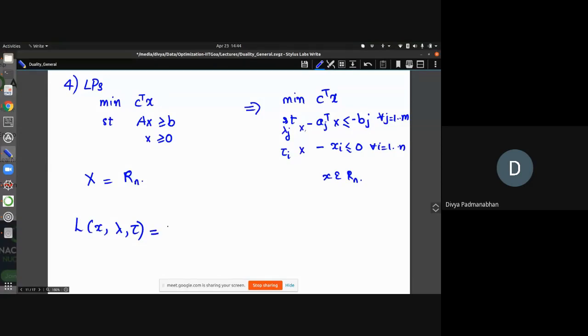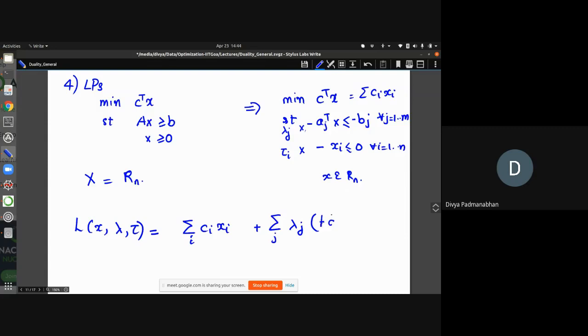Okay, so can you tell me what it is? So this is actually summation c_i x_i, plus summation lambda_j times, you have this constraint, right?